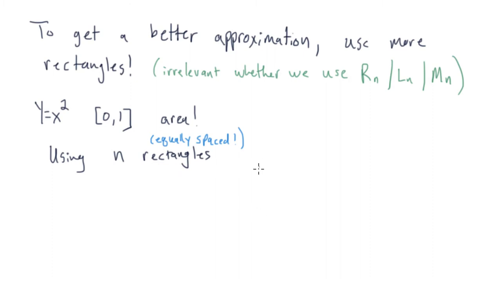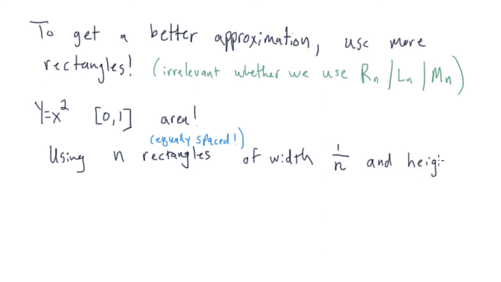So using n rectangles of width, well, what's the width of each rectangle going to be? Well, this is just kind of a geometry question. If I want to partition an interval into n equal parts, I'm just going to take the width of the total interval, so the width of this interval is 1, and literally just divide it by the number of parts I want. Okay, so n rectangles of width 1 over n, and then height.